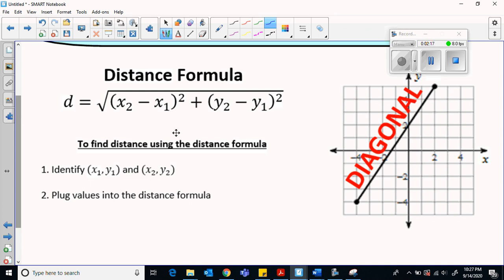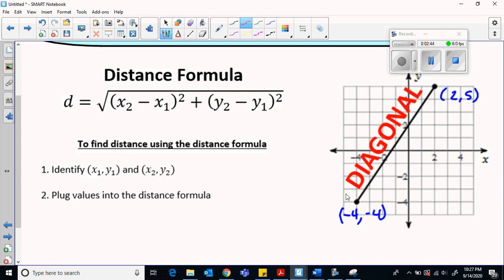So if we look at this example here, they didn't tell us the ordered pairs, but we can figure this out. This ordered pair here is negative 4, negative 4. And this ordered pair here is 2, 5. Like I said, it doesn't matter which one you consider the first or the second.